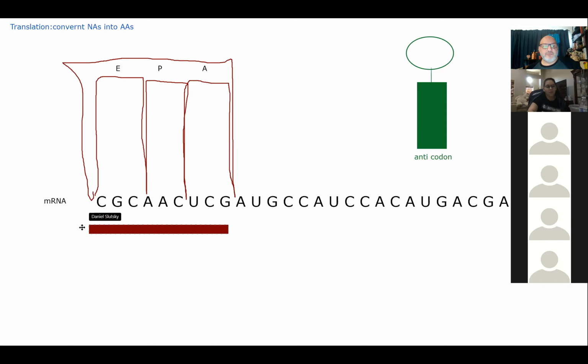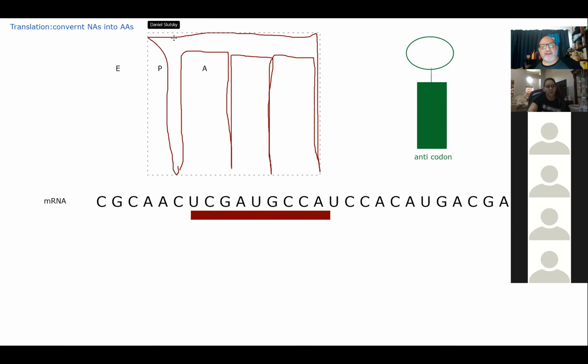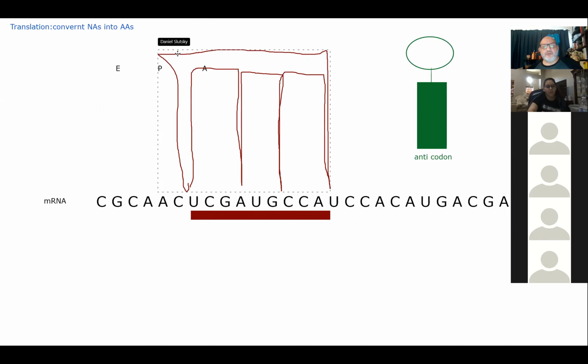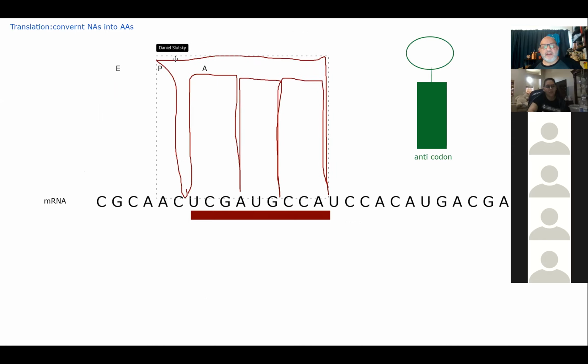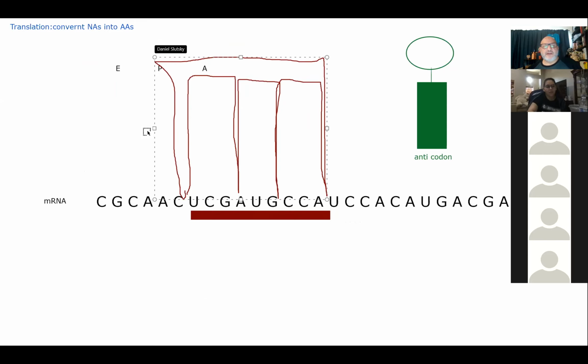Our small subunit is going to start working down our messenger RNA until it finds that start codon. And when it finds it, it is going to lock on at that start codon. Once our small subunit does that, then our large subunit is going to come and lock on as well.